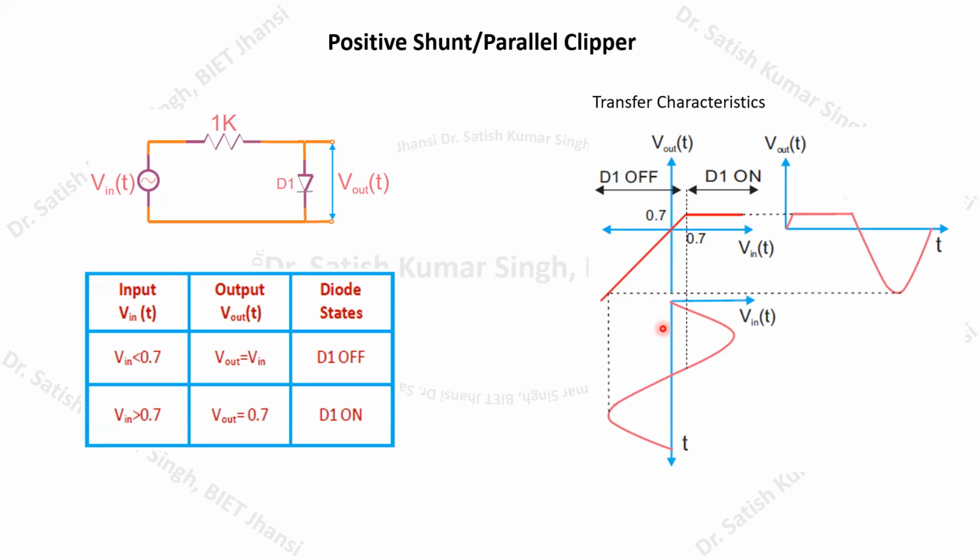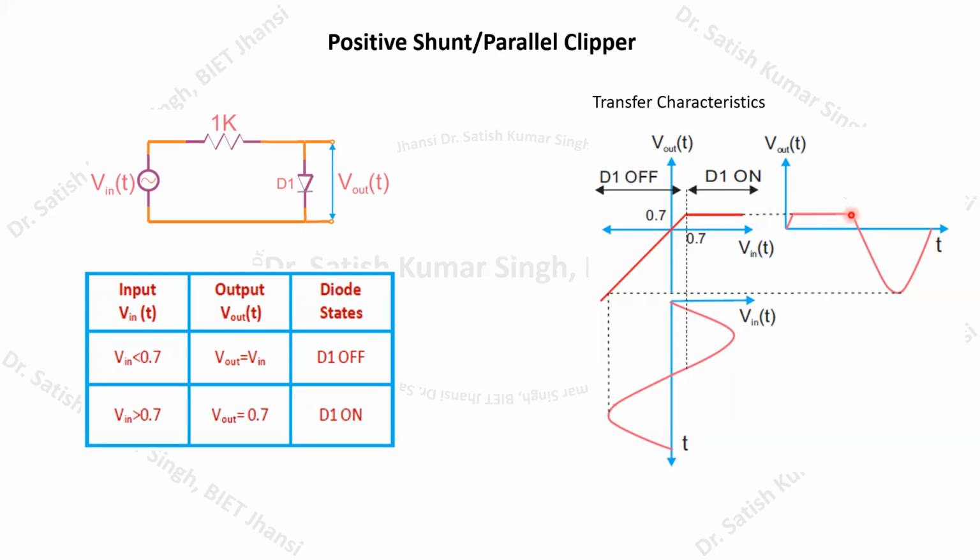So here you can see if we apply this type of input waveform, whenever it is a positive voltage greater than 0.7, at that time you can see the output voltage is clipped off and remains at 0.7 volt.